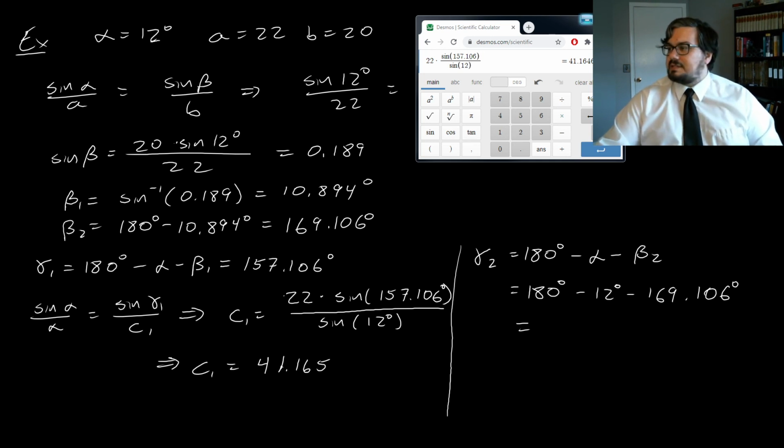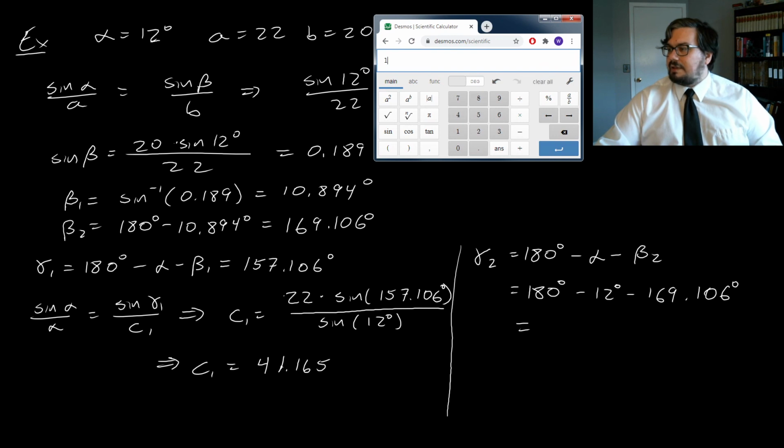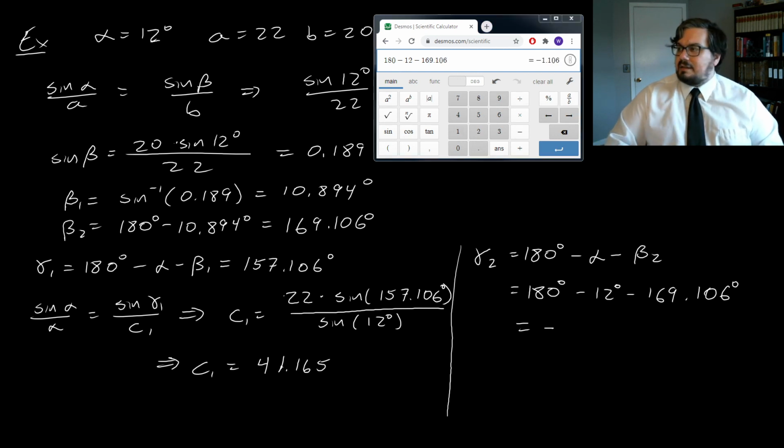And if we do this in the calculator, we get 180 minus 12 minus 169.106, and we get negative 1.106 degrees.